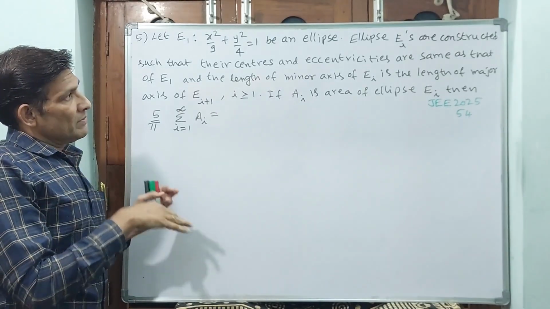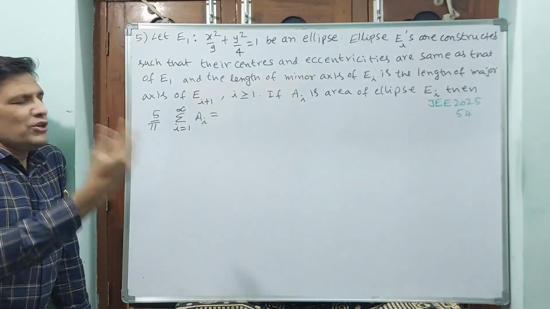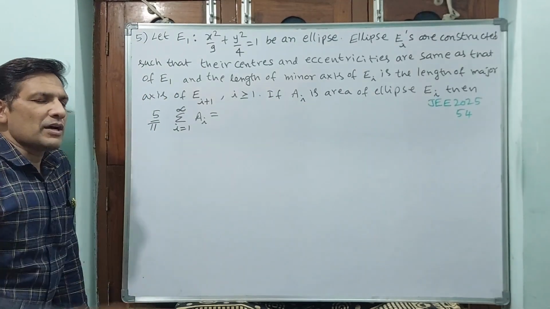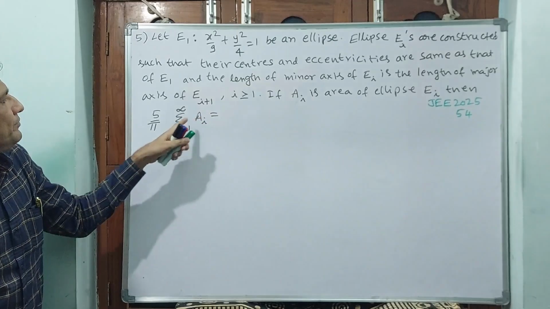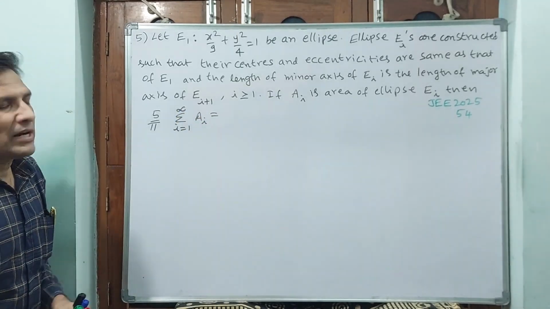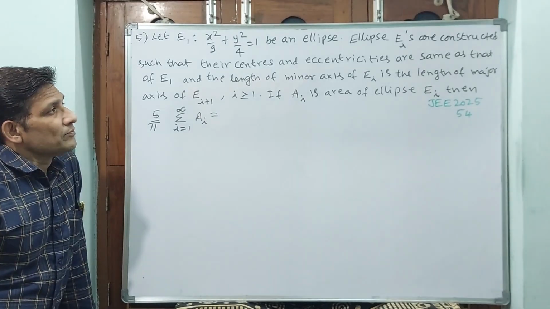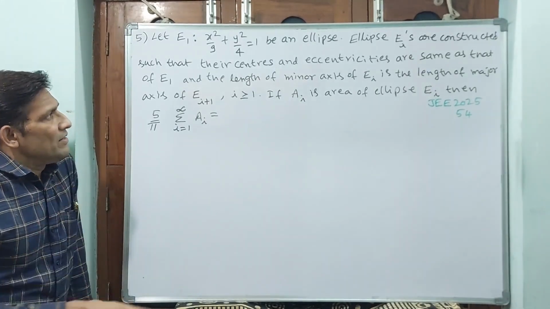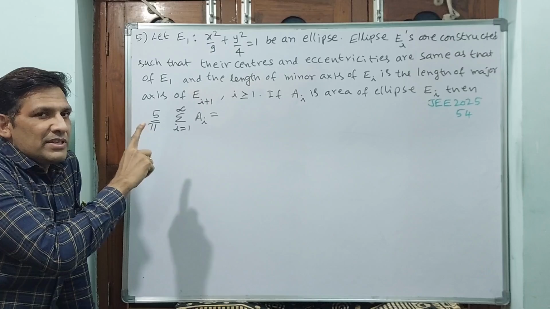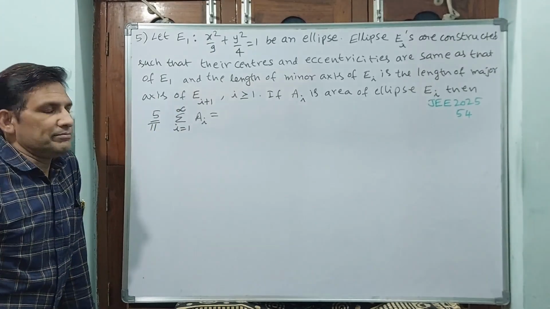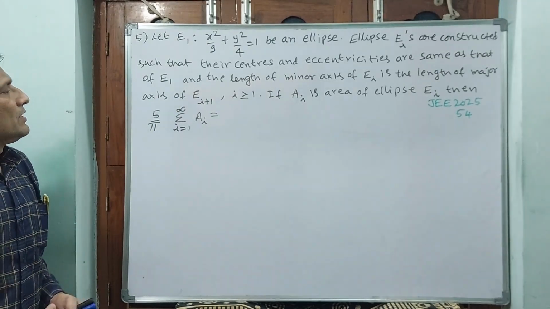That means this is E1, E2, E3, E4, like that we go on constructing up to infinity, provided the ellipse centers and eccentricities are the same.